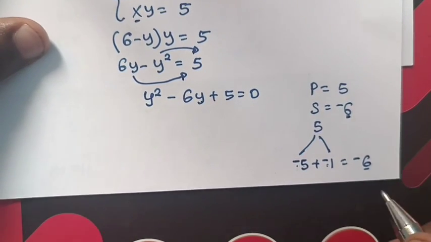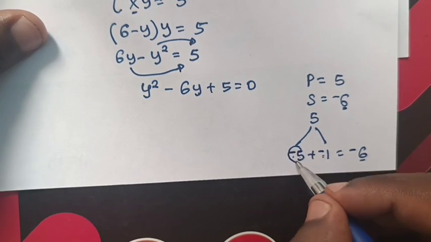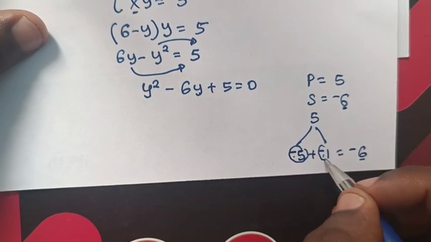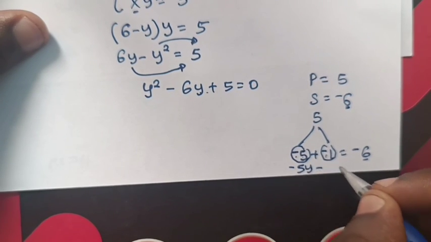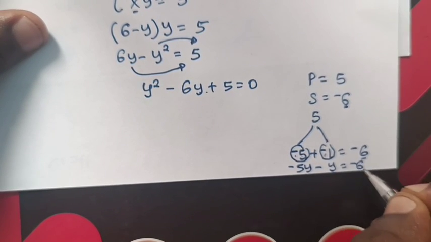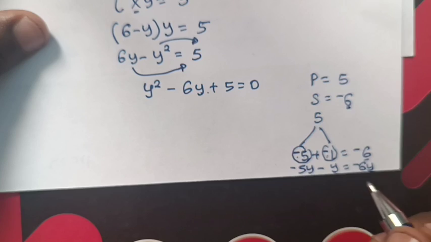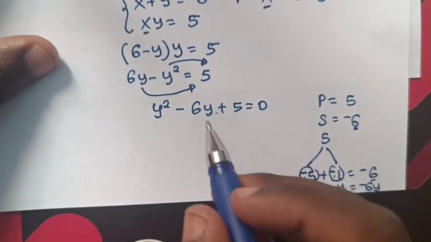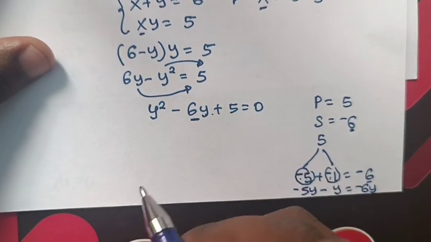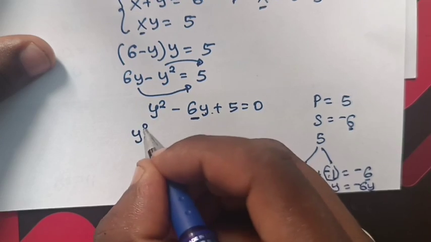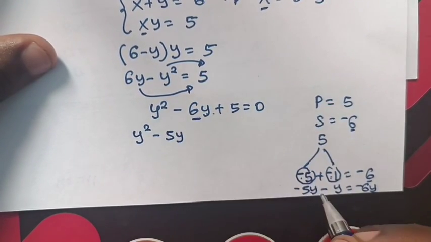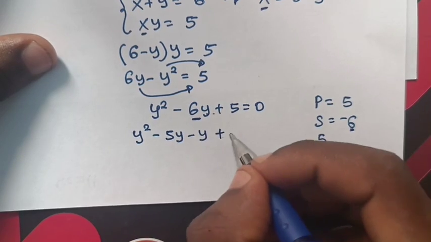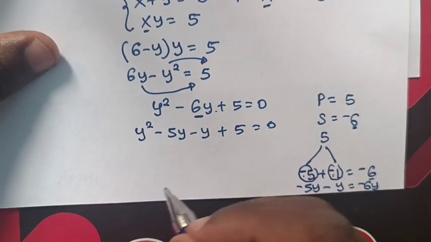So the factors are negative 5 and negative 1. So it means to get negative 6y is negative 5y minus y. So we substitute this into the equation here. So it will be y squared minus 5y minus y plus 5 is equal to 0.